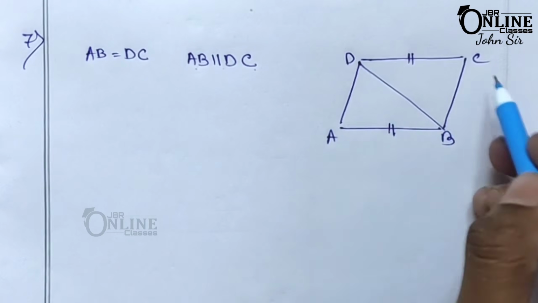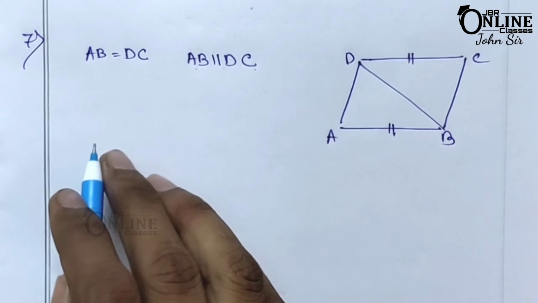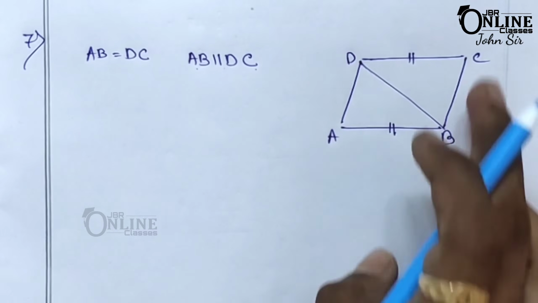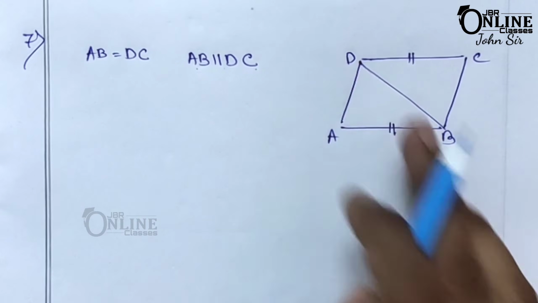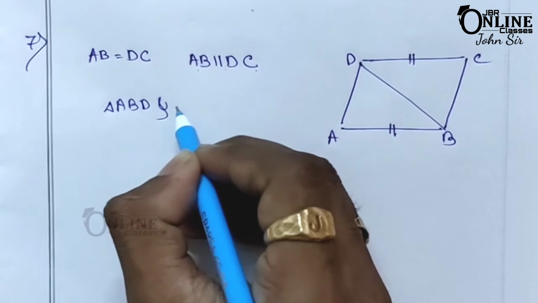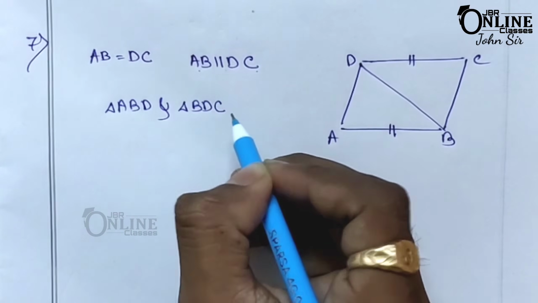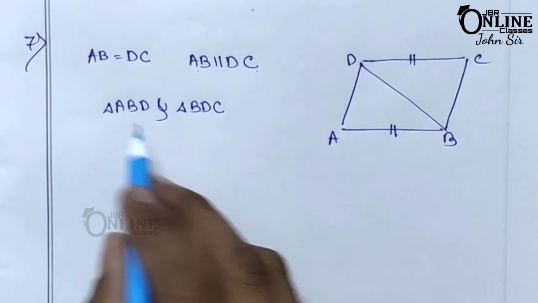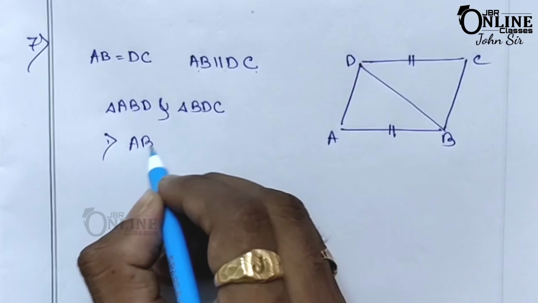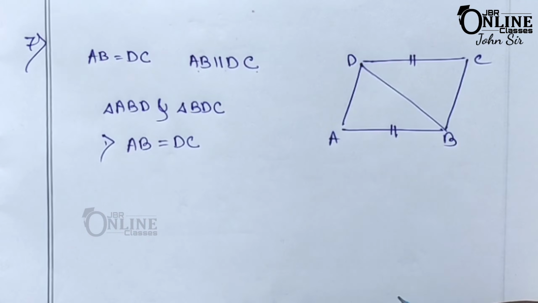You have to prove that AD equal to BC. Okay, so here in this figure ABCD, first you have to take these two triangles, ABD and triangle BDC. In these two triangles, the first condition is AB equal to DC, it's given.